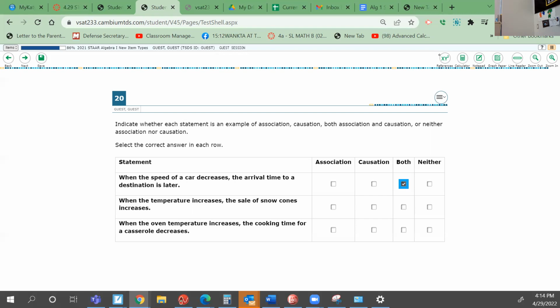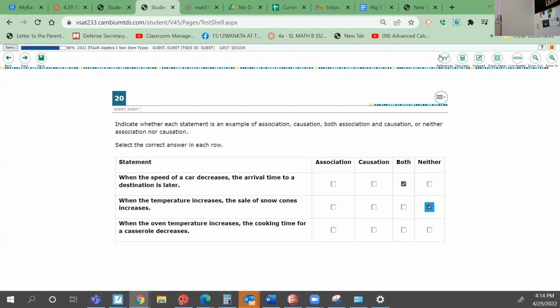But that doesn't mean that, yes, you're going to have the increase of snow cones, but it's not a direct link to snow cones. The link is between temperature increases and the season, but not between temperature and snow cones. That's a hard one to comprehend. So for this one, it is not a causation. It is neither.